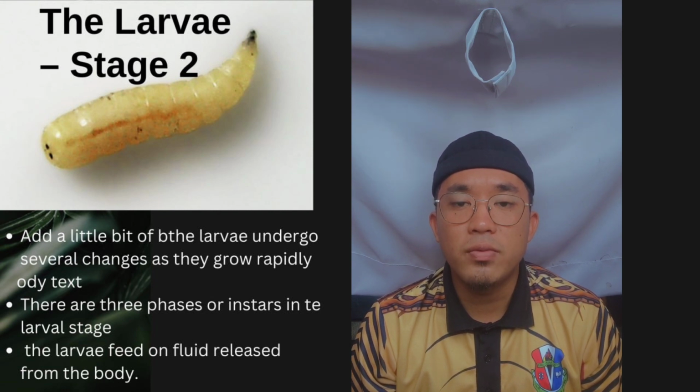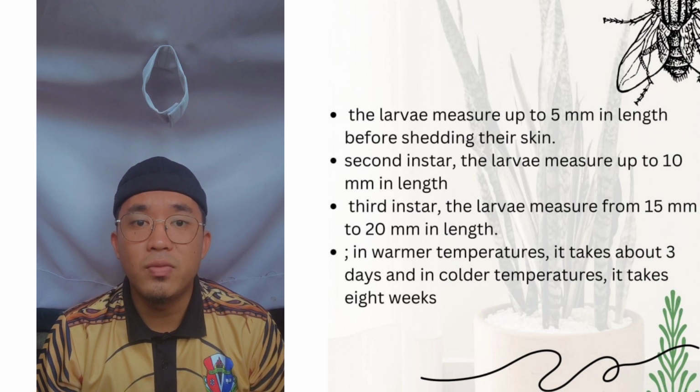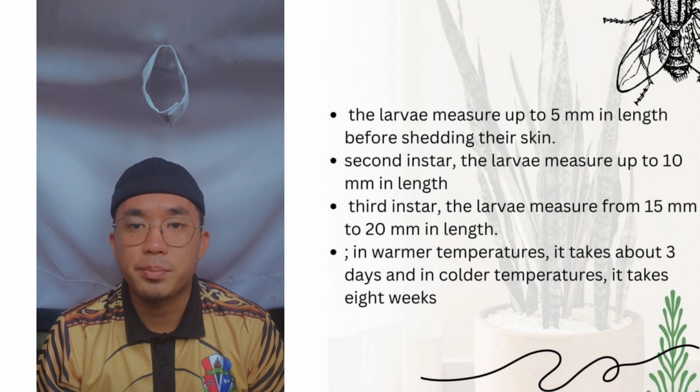Initially, the larvae feed on fluid released from their body. In the first instar, the larva measures up to 5 mm in length before shedding the skin. In the second instar, the larva measures up to 10 mm in length.